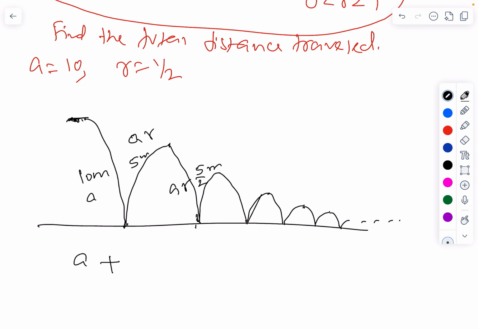Next, AR square, and again it comes down AR square, so 2 times AR square. Next it will be AR cube 2 times, because once it goes up and then it goes down. Only the first time it is A, but the rest are 2 times. And continue.